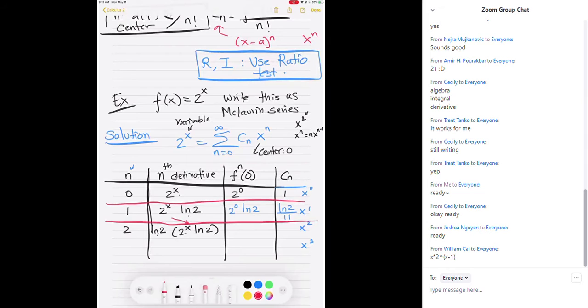This ln 2 was the leftover. So I'm going to write, oh, this is 2 to the 0 ln 2 squared. So this seems to be ln 2 squared over 2 factorial. I'm going to move my x cubed down here, but see, if you do the work, then you have the series in front of you.